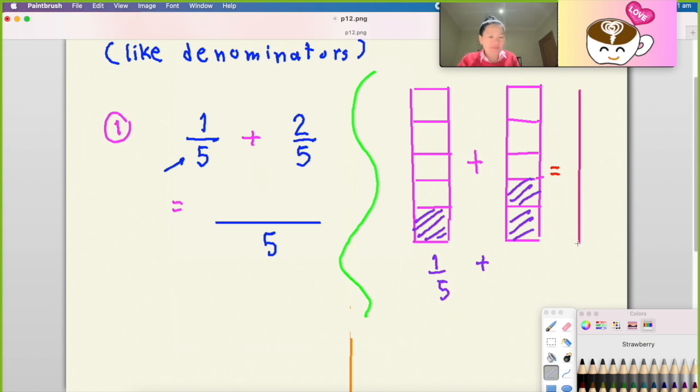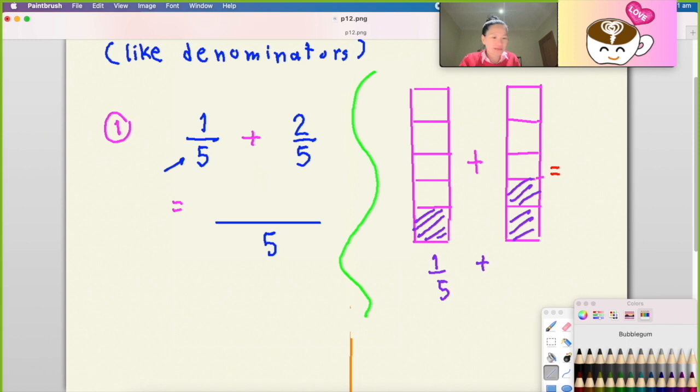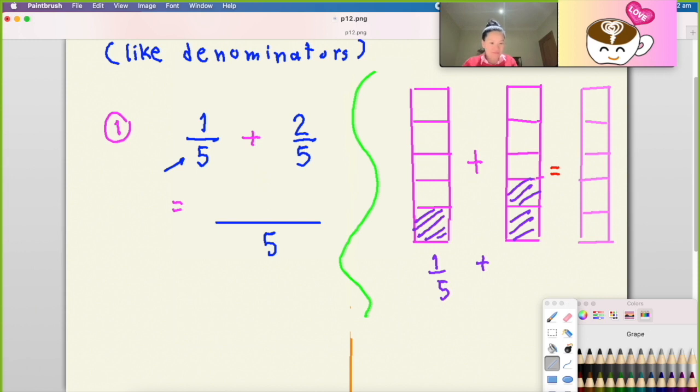If you're not sure, take a look here with me. This one is 2 out of 5, and when you sum them together you have one part, I draw this one in pen, and another two, so it is 3 out of 5.